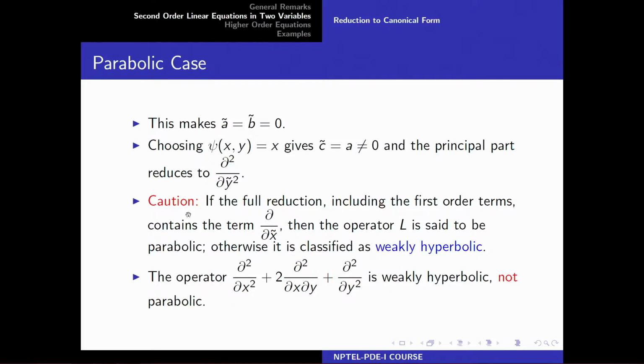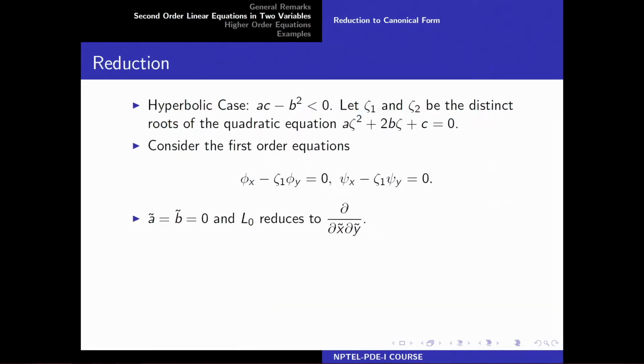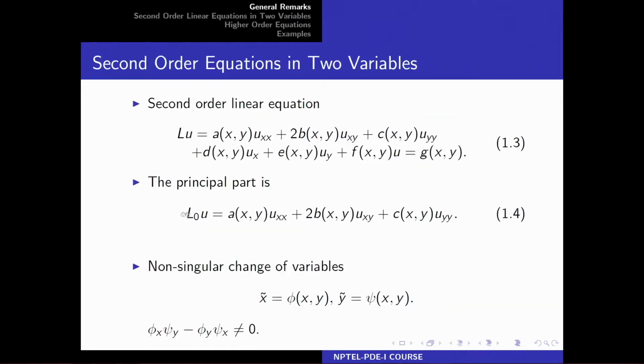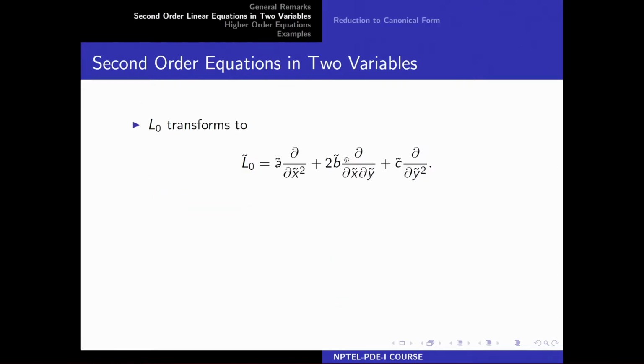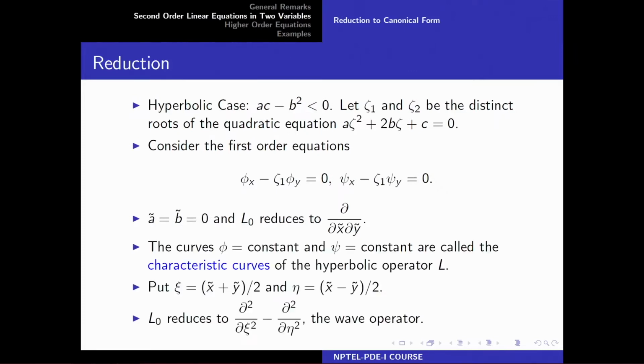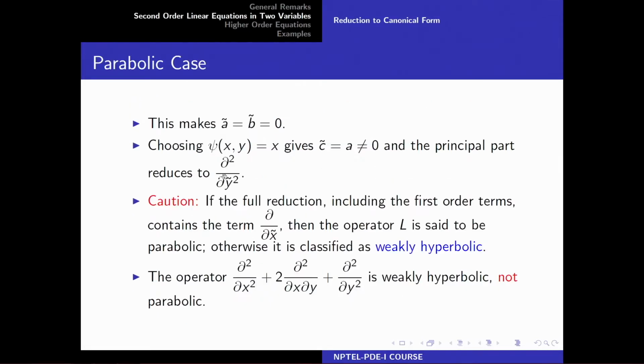We have the full equation here, again go back. In this case, with AC equal to b square, you reduce this equation in the new variables x tilde and y tilde, and the leading second order term is definitely del square by del y tilde square, but there must be a lower order term in del by del x tilde.